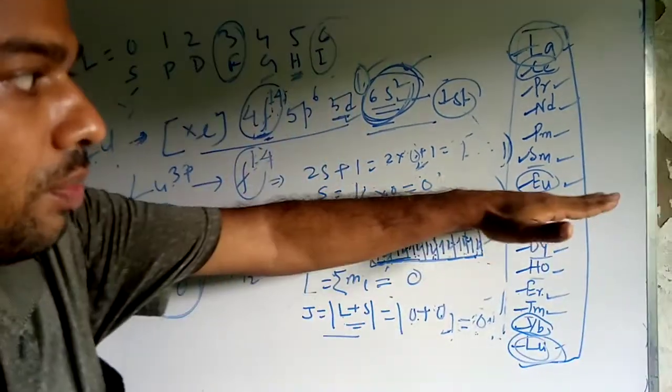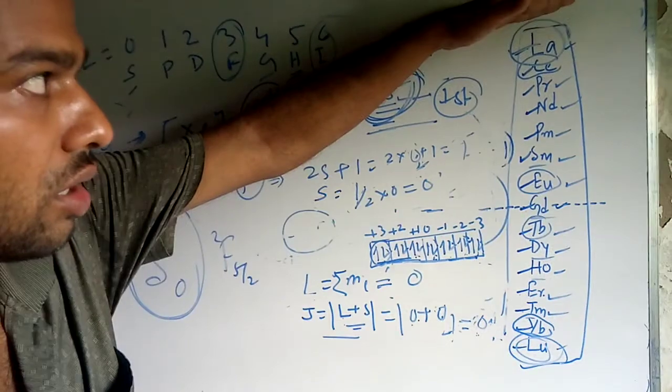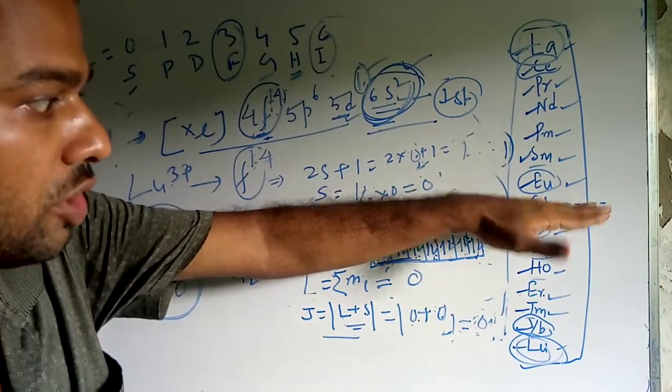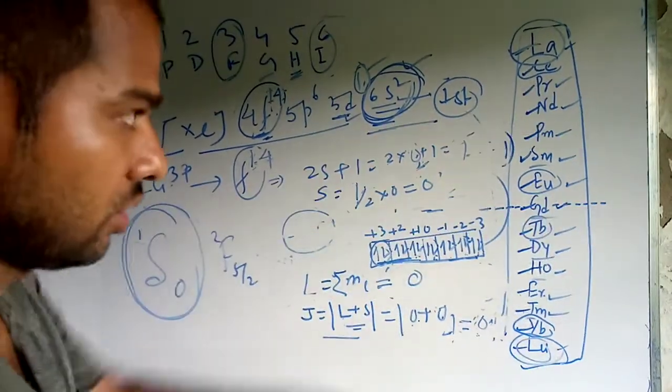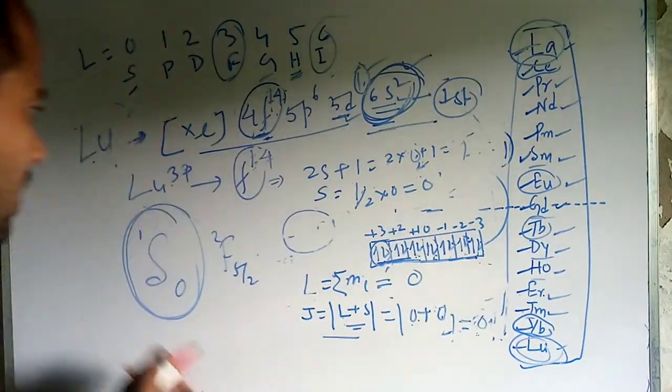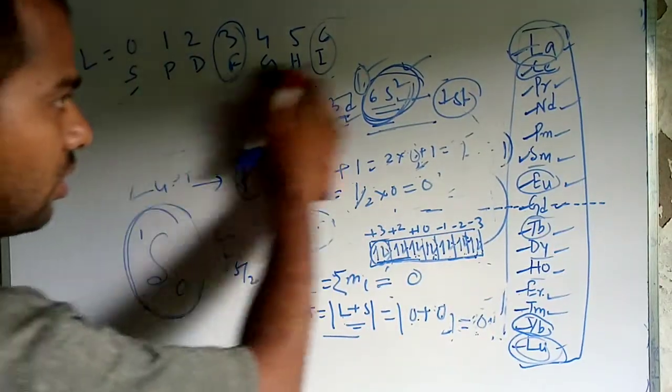If you put the mirror, the total term symbol will be the mirror image of the other side. This is a very important question for NET and GATE.